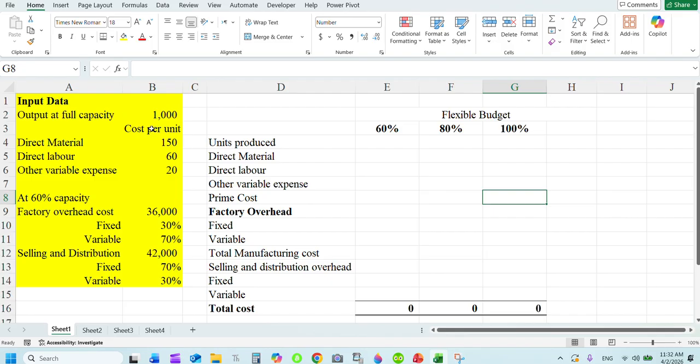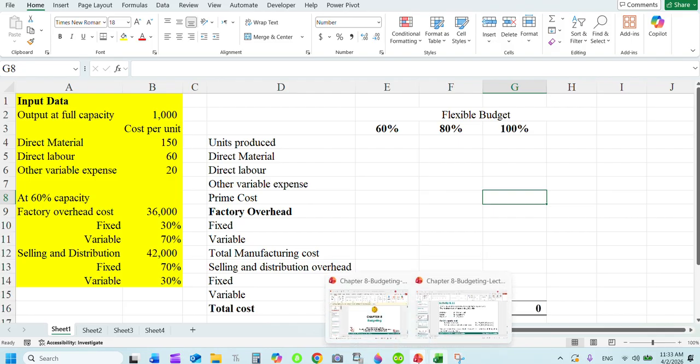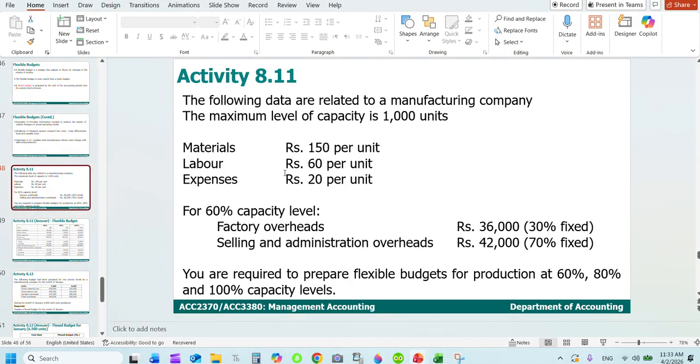I have taken this information to my Excel worksheet. What I have put in this yellow color represents our input data that you found in this particular activity.